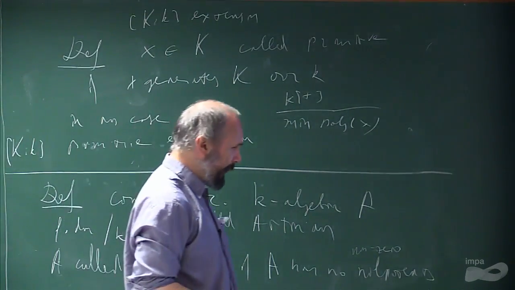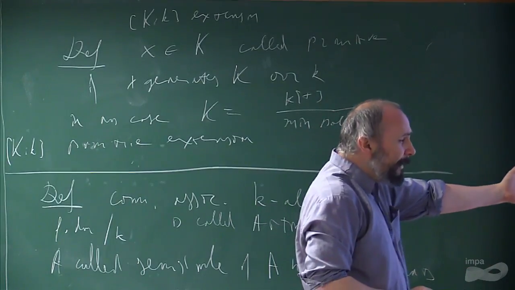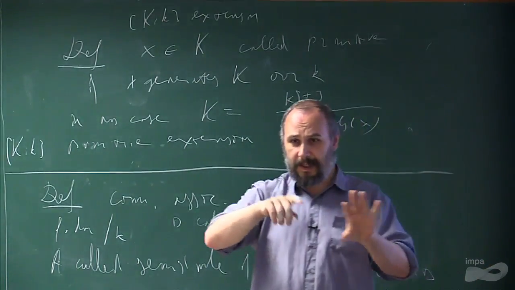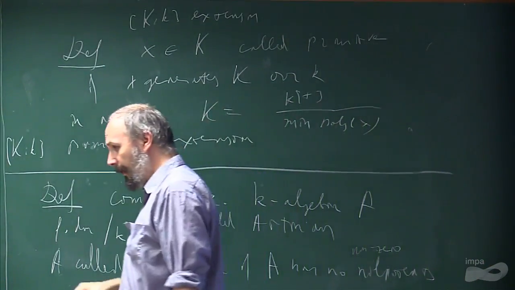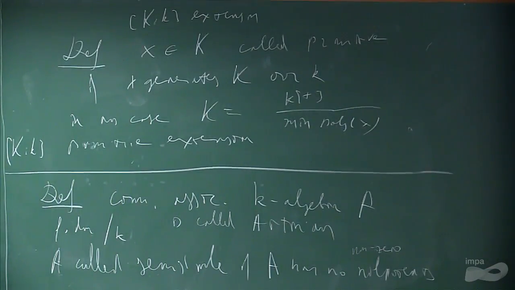So we discussed what a direct sum of rings is. In fact, you just take the direct sum and you multiply them term by term. This is something I have already written on the blackboard. Every semi-simple Artinian K algebra is a direct sum of fields.